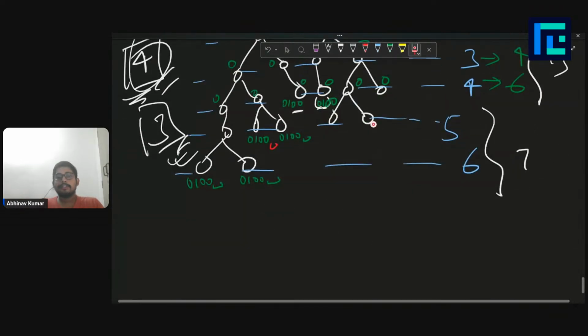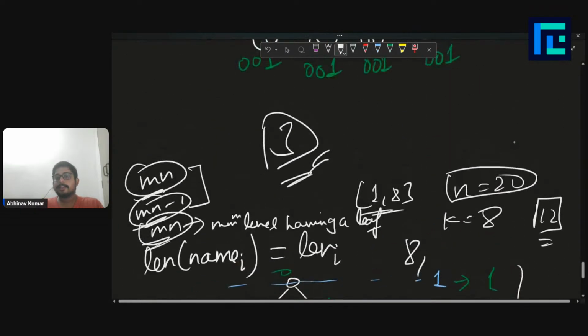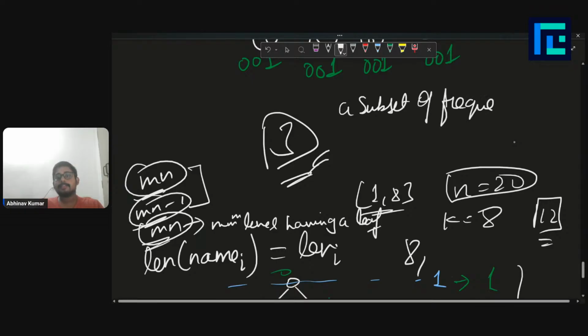So whatever remaining number of nodes is present here, we just need to check whether a subset of frequencies sums to a value in the range from k minus remaining to k.